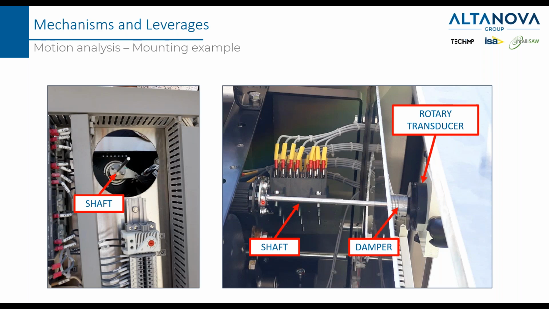So we need to put in a shaft and also a damper, which is a kind of shock absorber, because you cannot connect the rotary transducer directly to the shaft, otherwise you can damage the transducer. So you need this kind of damper in the middle.